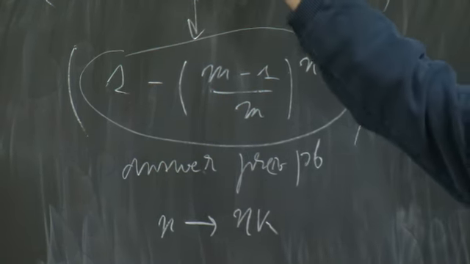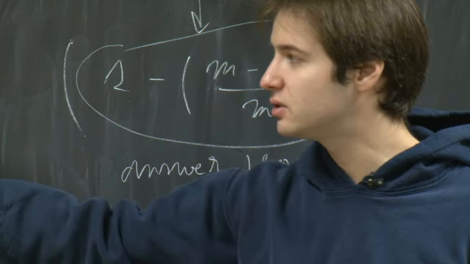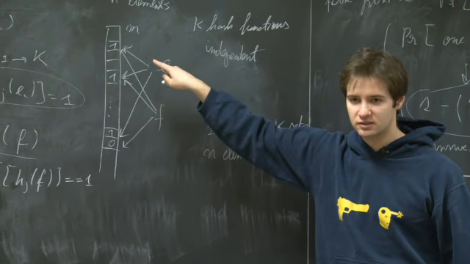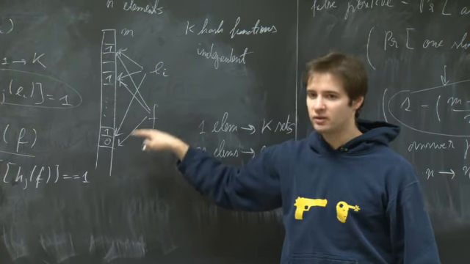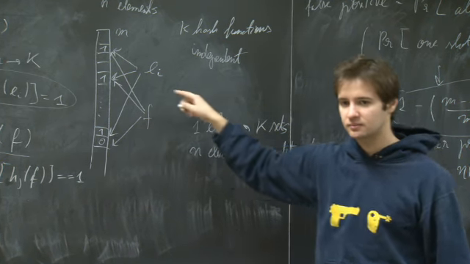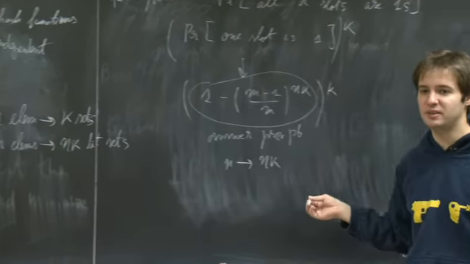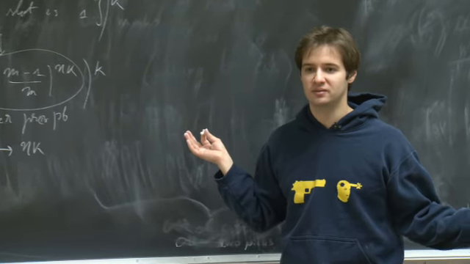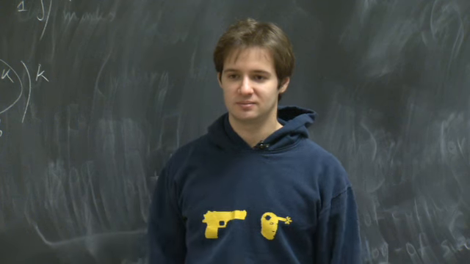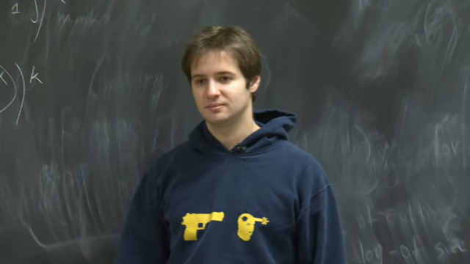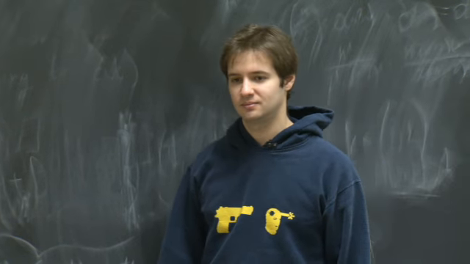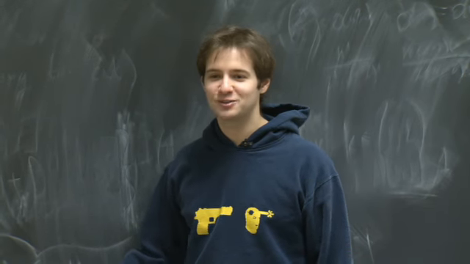But when you're given an element, you hash it through the k functions and check k bits. As long as any of the k bits is a 0, it's not a false positive. So we need all the k bits to be a 1. Oh, I see. What if the hash functions are dependent? Then it becomes intractable.